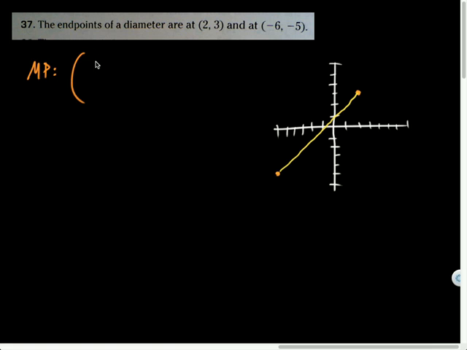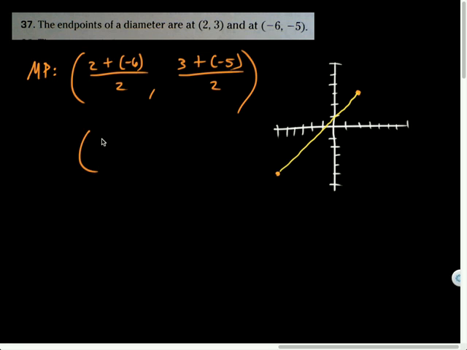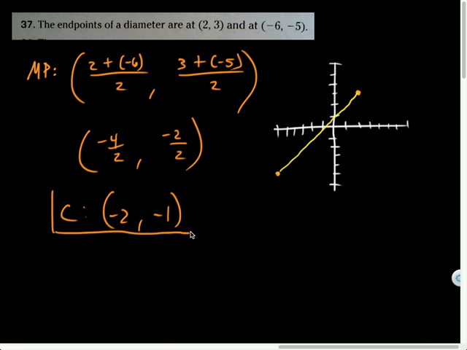So we'd have the average of the x's, 2 plus negative 6 over 2, comma, 3 plus negative 5 over 2, close parentheses. So the center is negative 4 over 2, comma, negative 2 over 2. So that becomes negative 2, negative 1 is my center. Yeah, I got that. Nice.